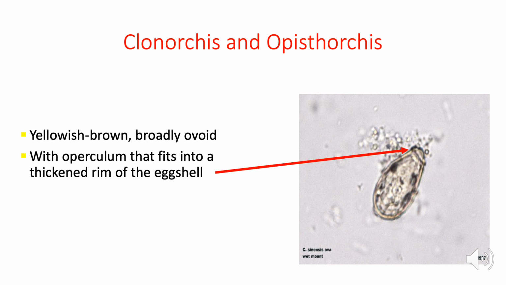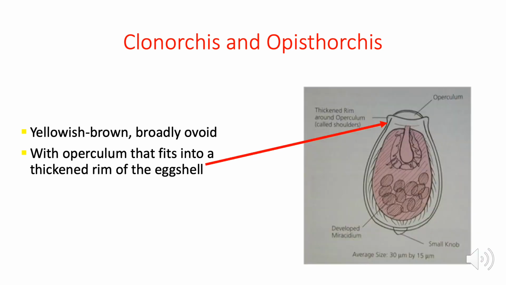Their ova are ovoid in shape, yellowish brown in color, and they have an operculum that fits on a thickened rim of the eggshell, and that thickened portion of the eggshell is called the shoulder.